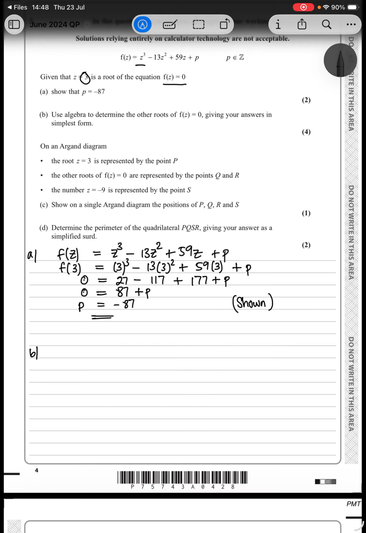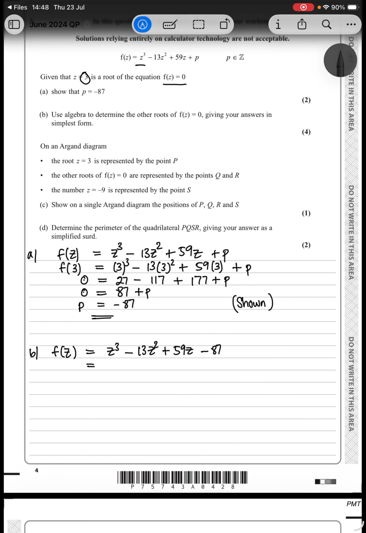So I can write f(z) equals z cubed minus 13z squared plus 59z minus 87.